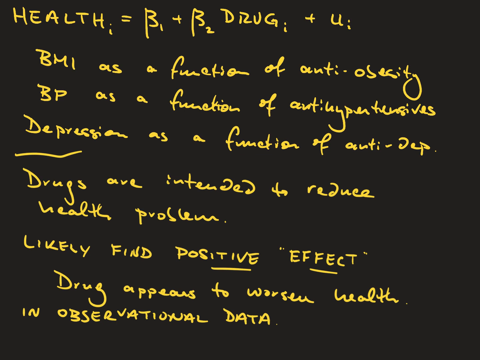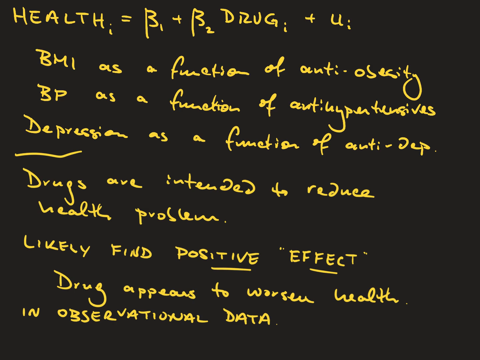If you are not obese, you probably take 0 anti-obesity drugs. If you are obese, you are more likely to take anti-obesity drugs. So it looks like these drugs are making people fat.